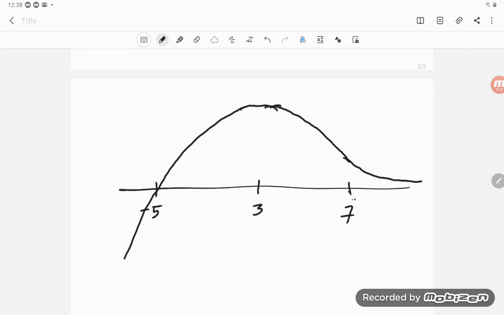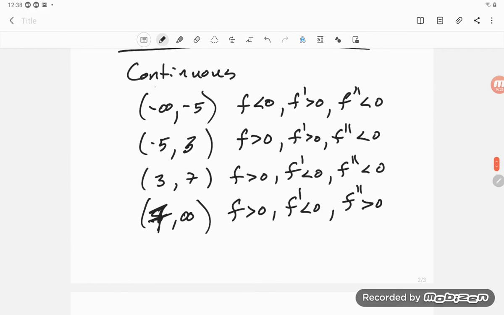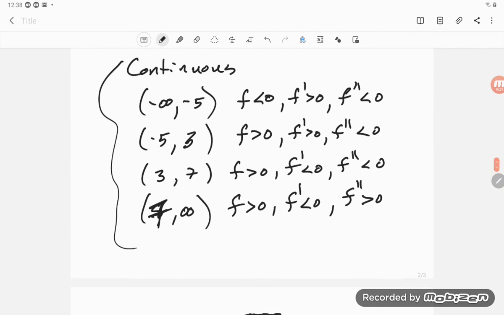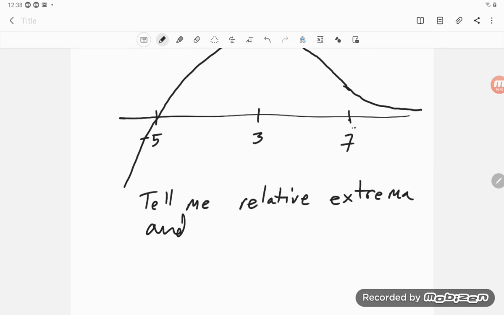And there we go. And see, I could say, okay, here's what we know. Could you tell me relative extrema and inflection points?